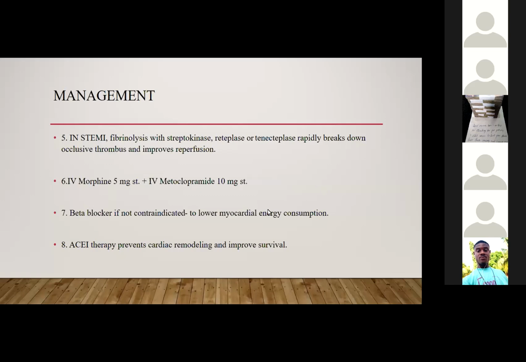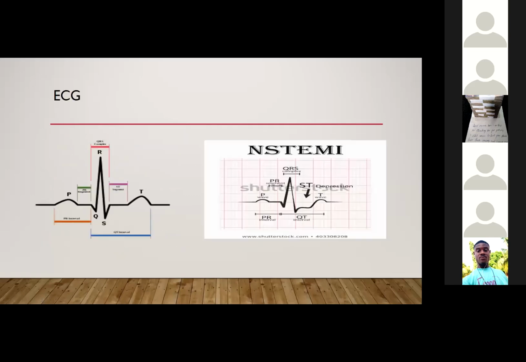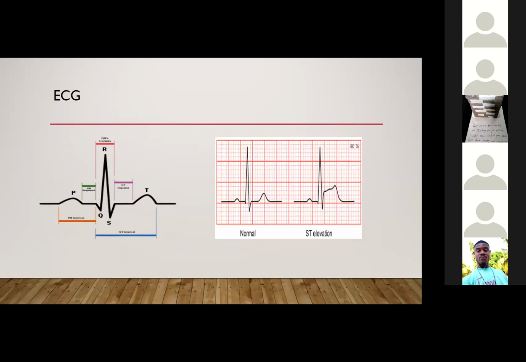I'm coming. So you want to say that the P wave is atrial contraction and then the QRS complex is ventricular contraction? Yes, sir. So if you look at the cycle of the heart, how does it go?